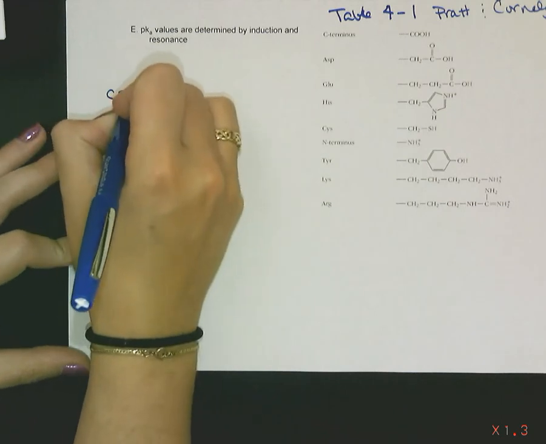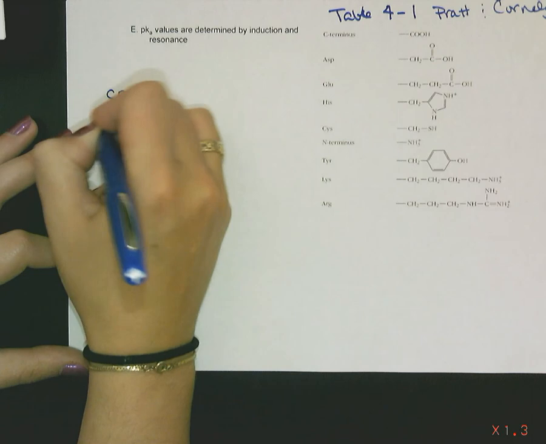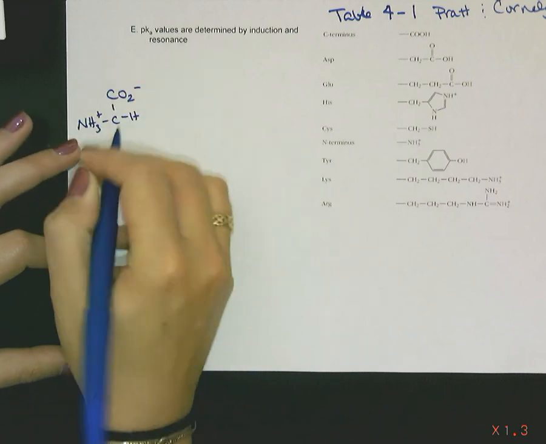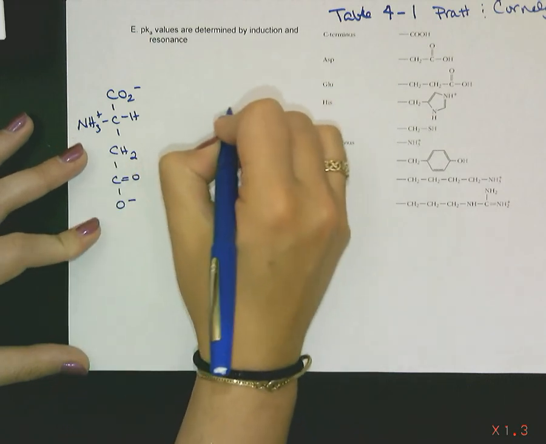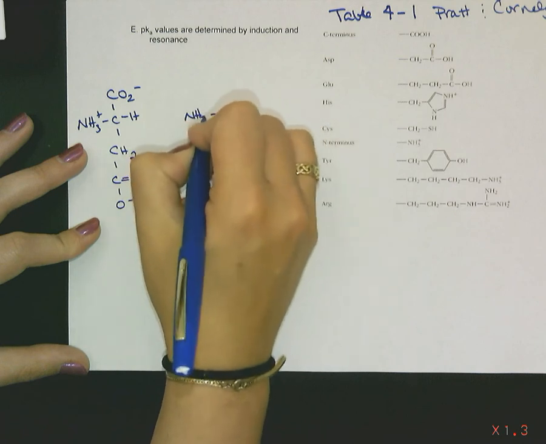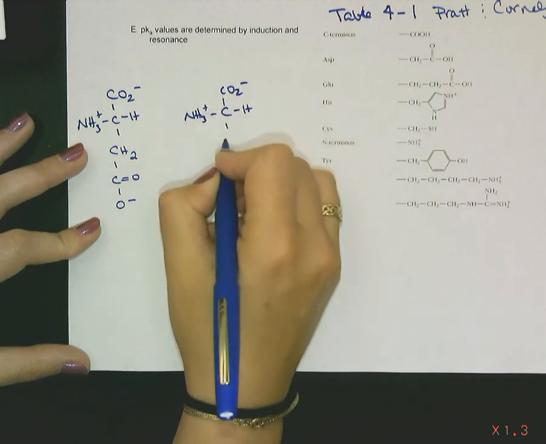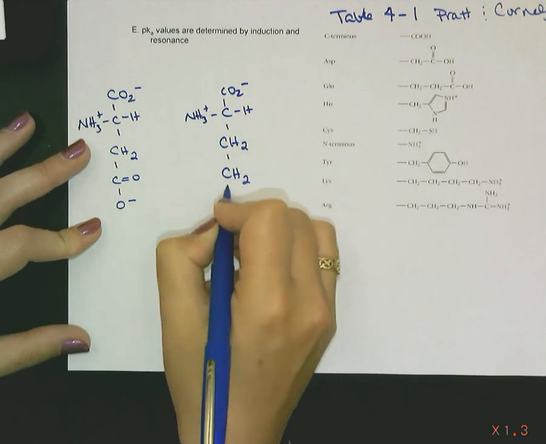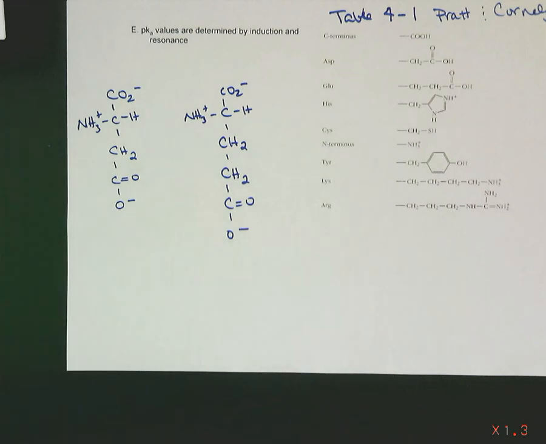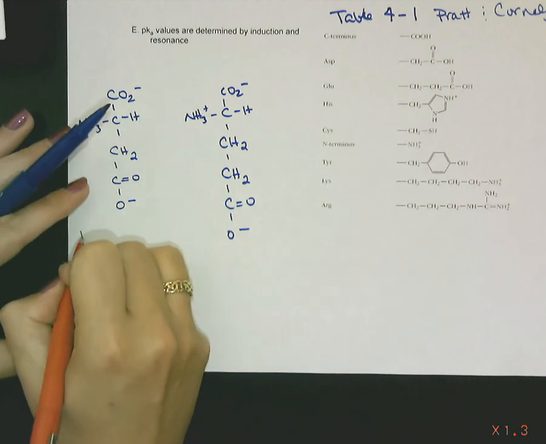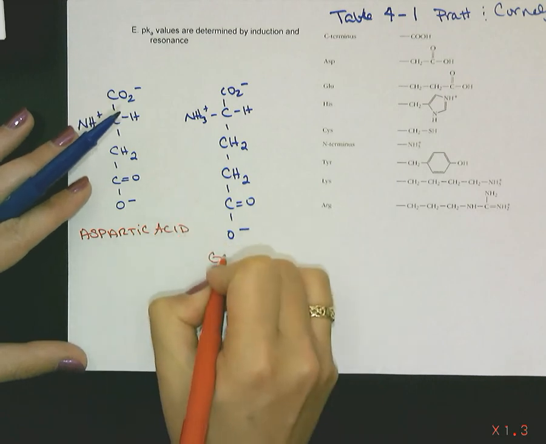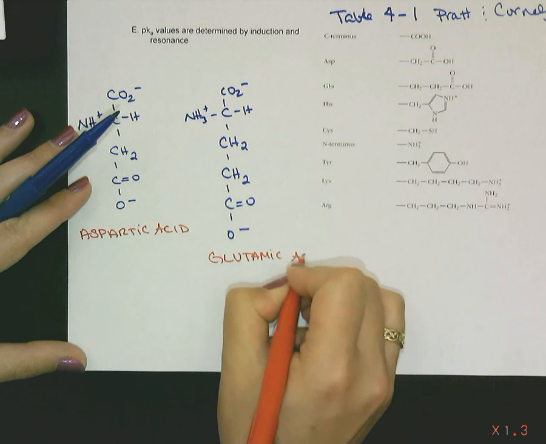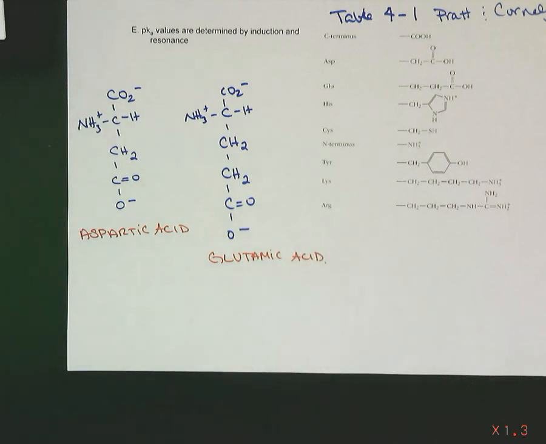So I have those 2 amino acids: aspartic acid and glutamic acid.